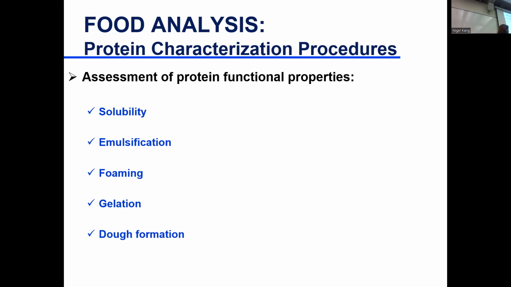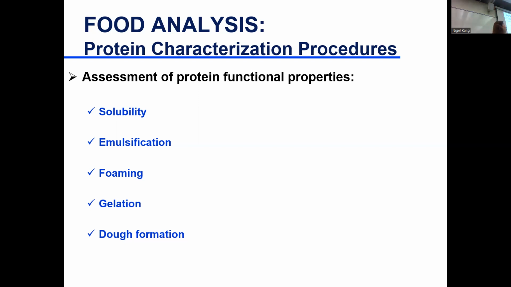And the other functional property is dough formation, where you need protein like what we have in wheat to create a network that can bind water and keep air inside it.